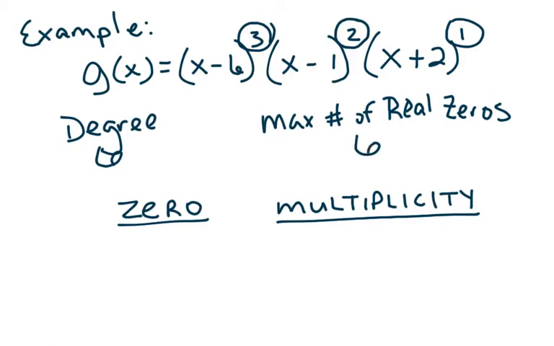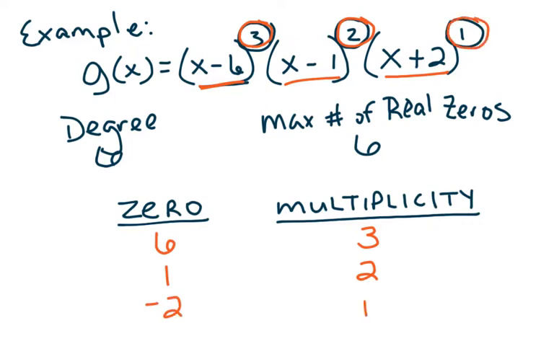So then when we look at the actual factors, I have a 0 at positive 6, and its multiplicity is 3. Then I have a real 0 at positive 1, and its multiplicity is 2. And then I have a real 0 at -2, and its multiplicity is 1.